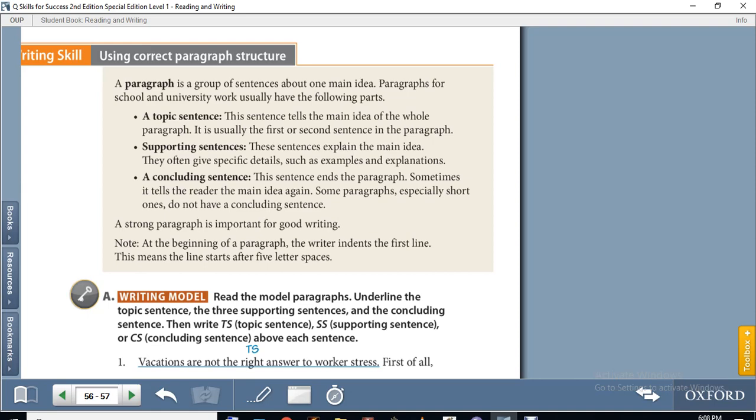Note, at the beginning of a paragraph, the writer indents the first line. This means the line starts after a 5-letter space. So you just make a space, approximately like an empty word, or 5 letters of space, to start a paragraph.